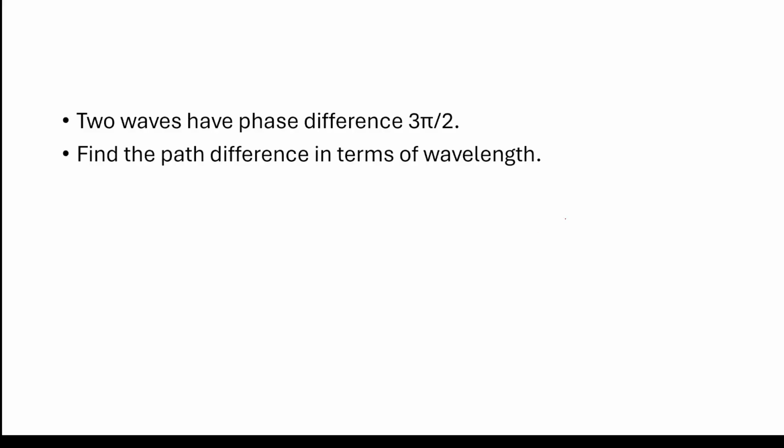Two waves have a phase difference of 3 pi by 2. Now we know 2 pi is lambda, pi is lambda over 2. So what is the path difference then?